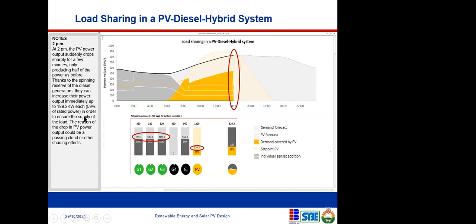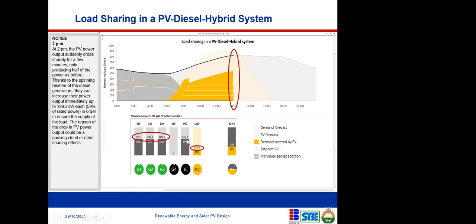So in order to ensure the supply, this generator came up to carry the load that the solar system has dropped, just to ensure the reliability of supply for the industry that they are powering. The reason for the drop in PV power output could be a passing cloud or other shading effect. So now let us see what happened.